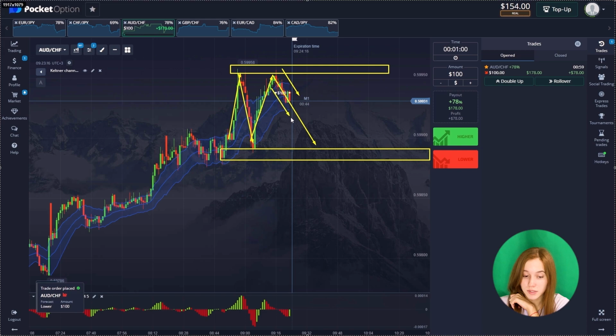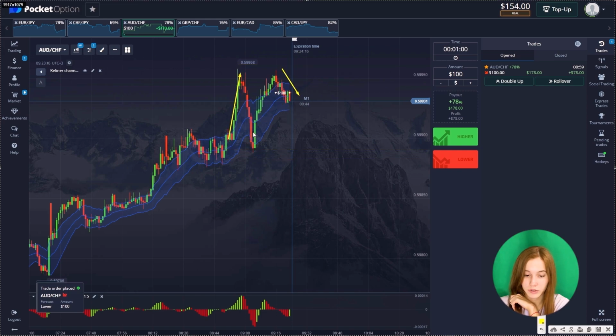So we opened down. Keltner channel, we see all lines are in the lower position. Green candle rollback. We have a green bar and red bars also.